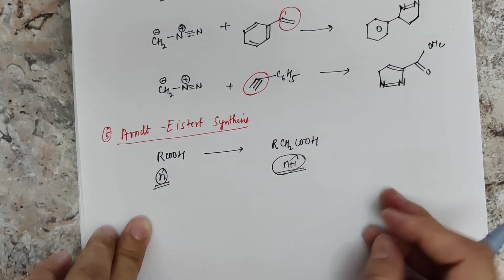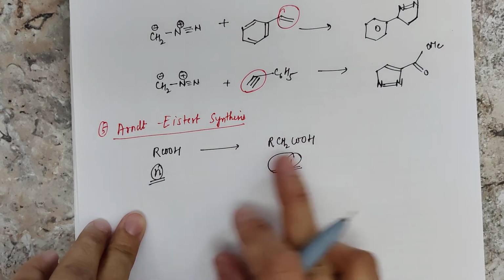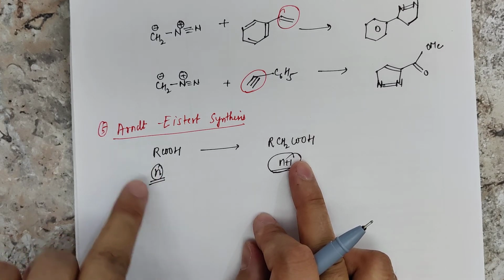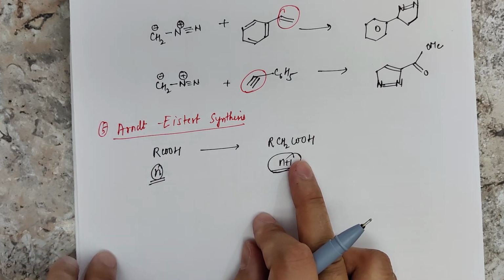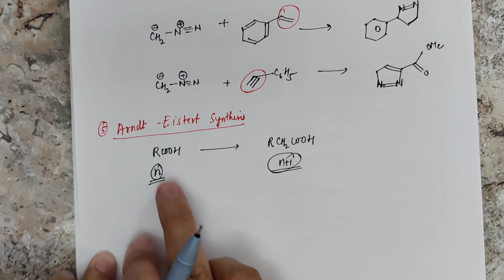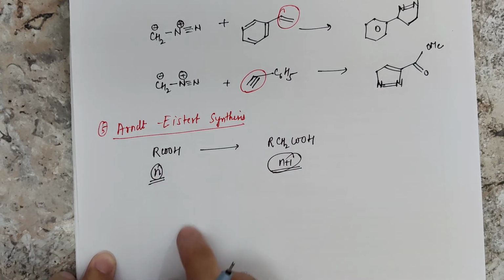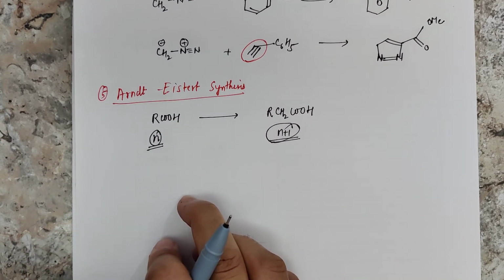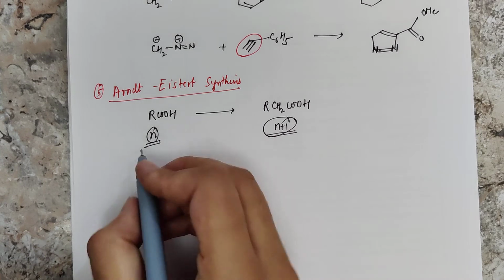So basically what is happening, we are extending the chain of the carbon, and it's not only up to the carboxylic acid, we can synthesize carboxylic acid and its derivative. So let's see how this reaction proceeds.